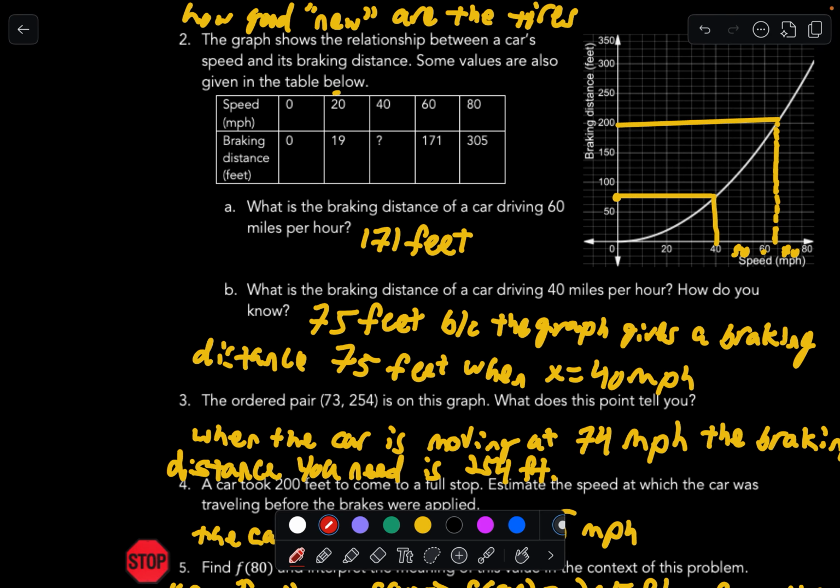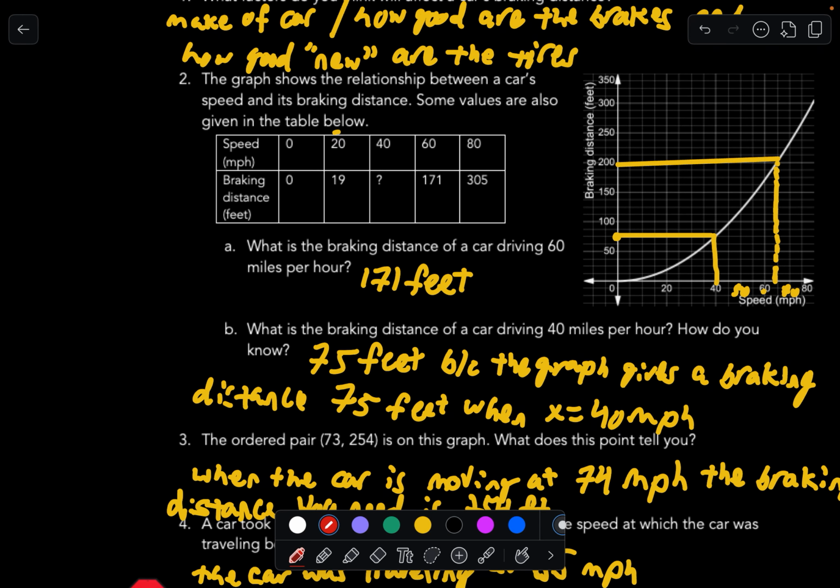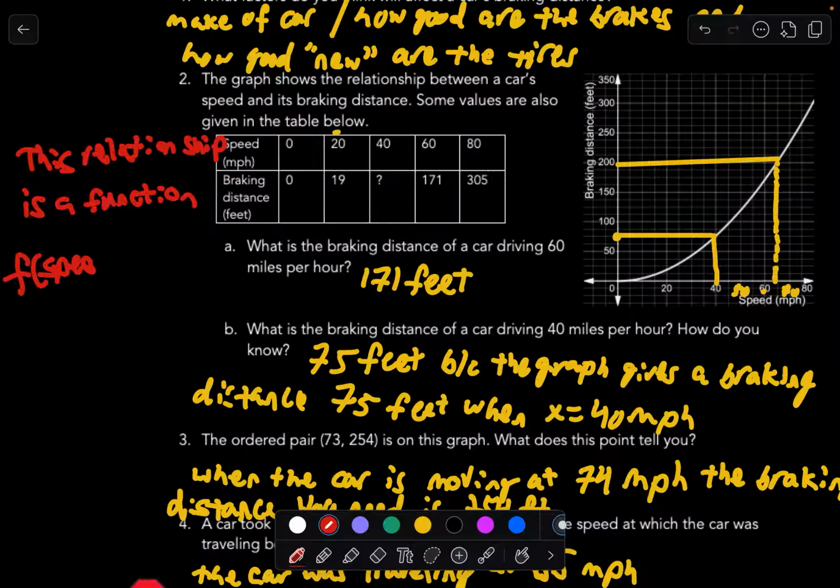So, for example, this relationship is a function. That is f of speed equals distance.